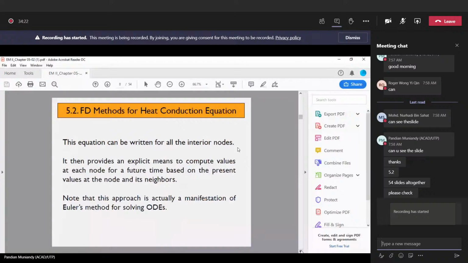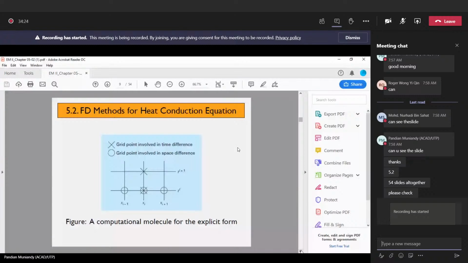So what we saw in the previous lecture, this diagram, this computational molecule for the explicit method, this is the grid point diagram. The cross is for time difference, T superscript L plus 1.